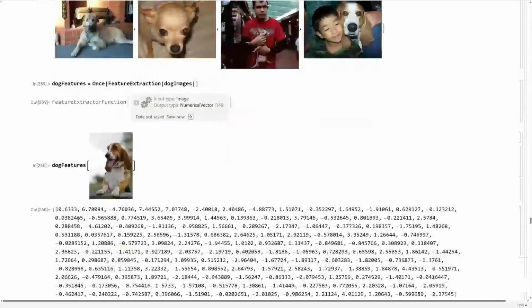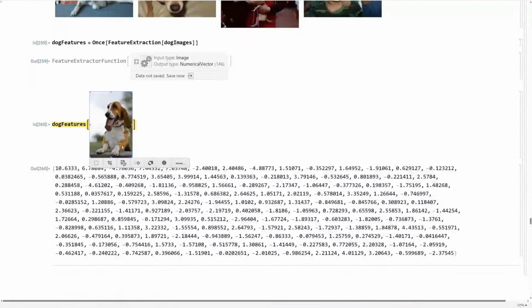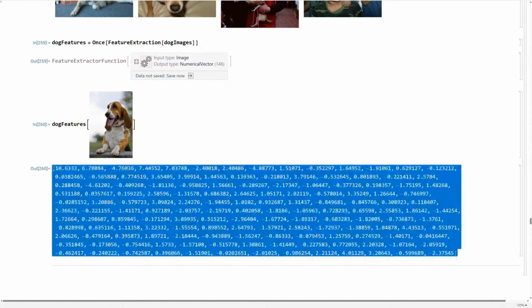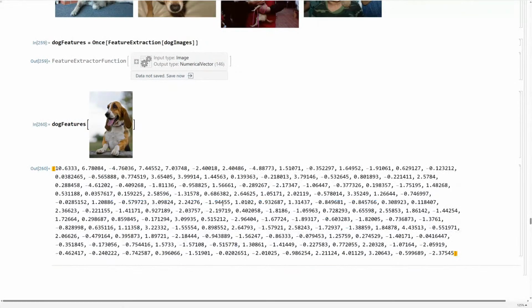Now we ask this model to look at this dog picture, and it translates it into something that we couldn't understand. It's a lot of vectors, but that's how the machine sees an image.